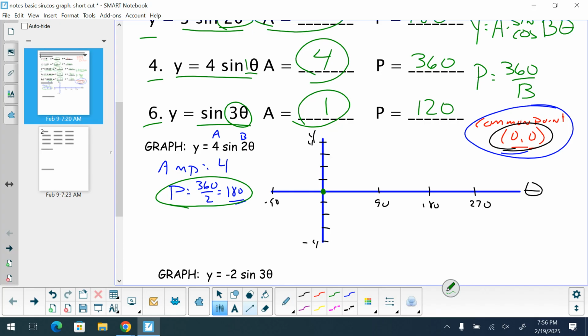The definition of a cycle is the point on a graph to another point in the graph where the graph starts to repeat itself. So if I'm at the value of 0, that means every 180 degrees in either direction, I will be back at that value of 0.